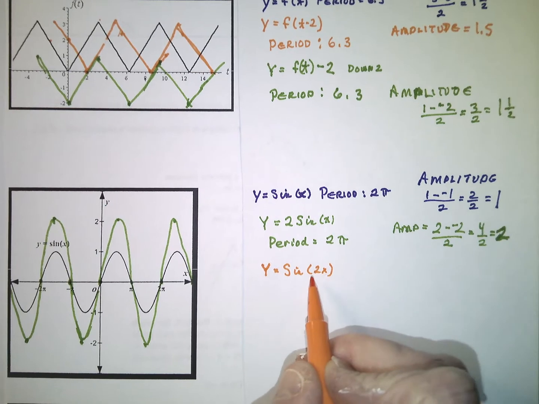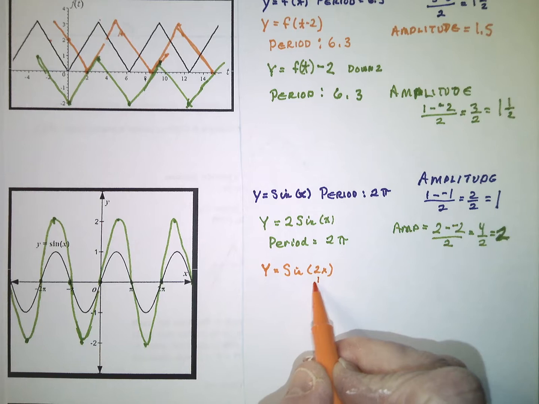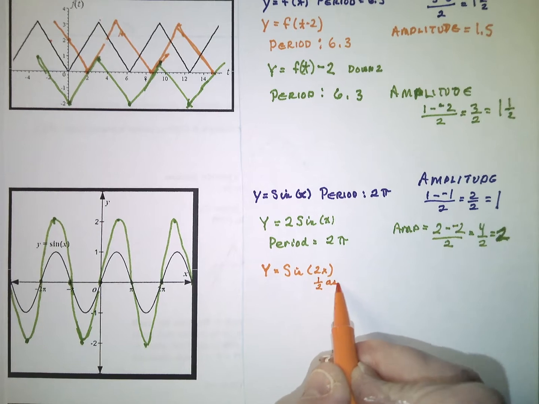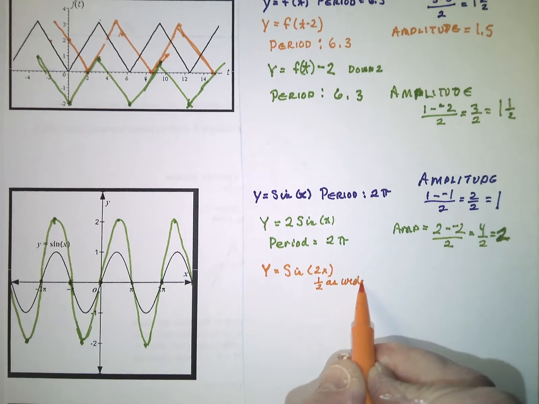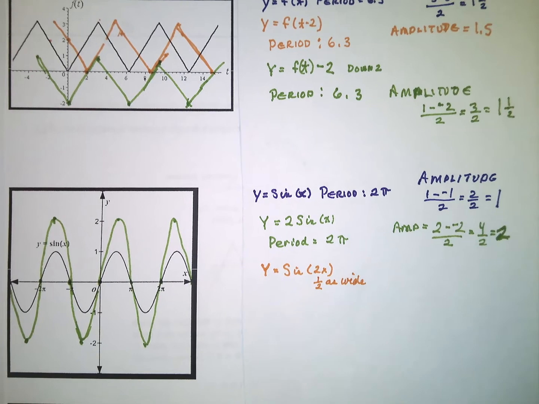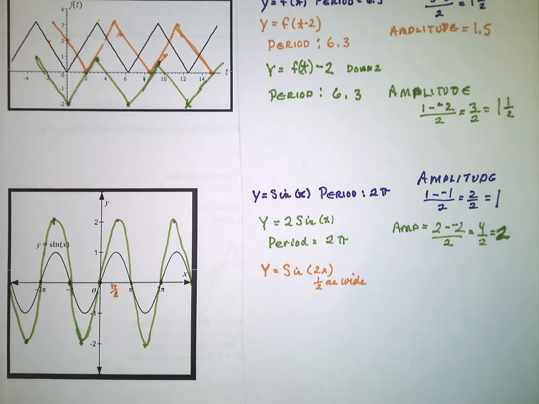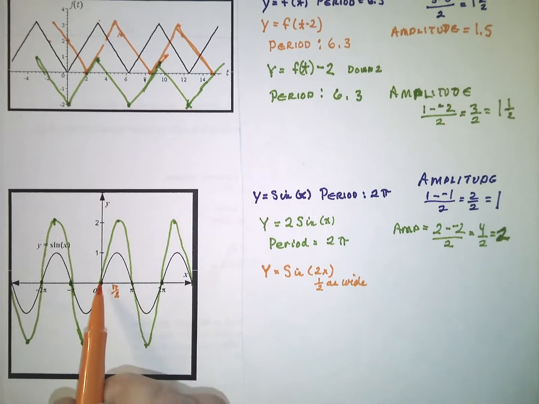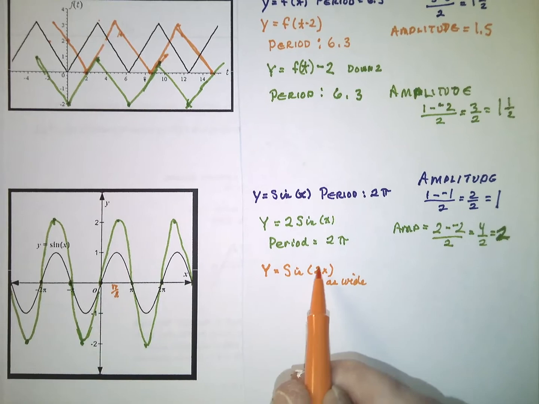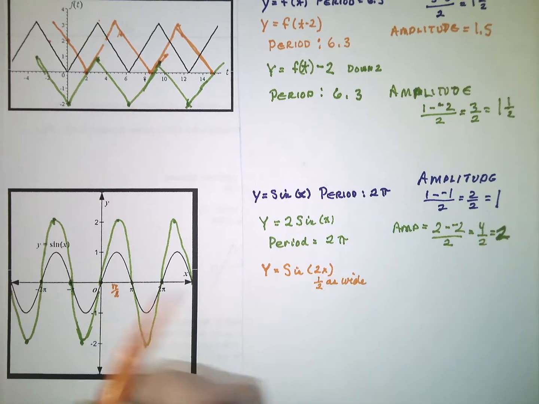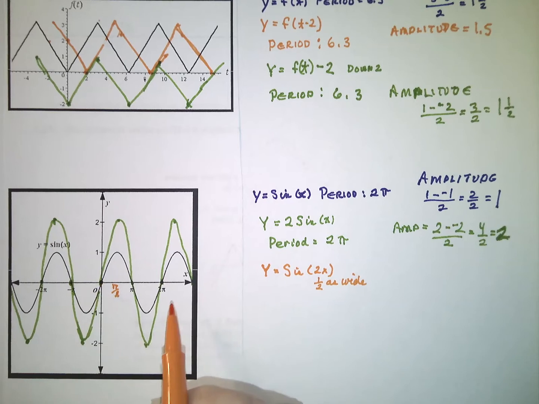Instead of getting twice as wide, it's going to be 1/2 as wide, because the x's only have to be half as big in order to achieve the same height. So if we put a 0 in, 2 times 0 is still 0, so the sine value is going to stay right there.